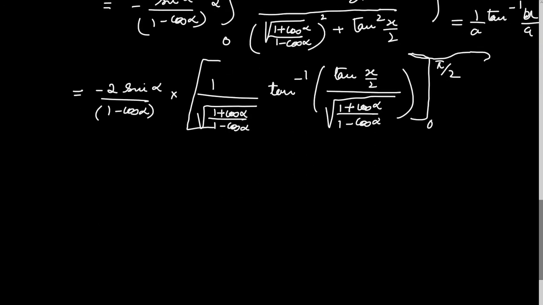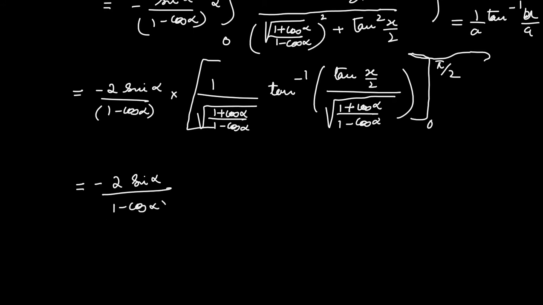So let us simplify this one. It gives you minus 2 sine alpha divided by 1 minus cos alpha into, now this being a constant which is independent of x, so you can take it outside that limit. So therefore you can write as 1 by, now 1 minus cos alpha will come to the numerator. So square root of 1 minus cos alpha divided by square root of 1 plus cos alpha.